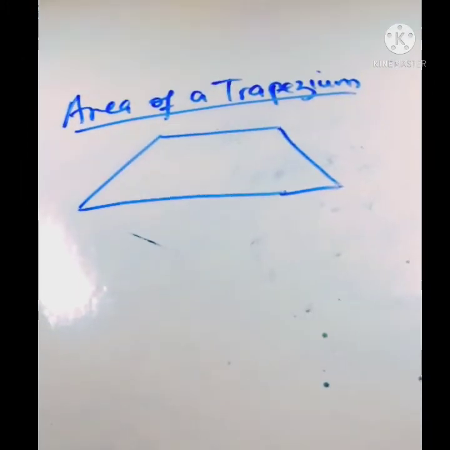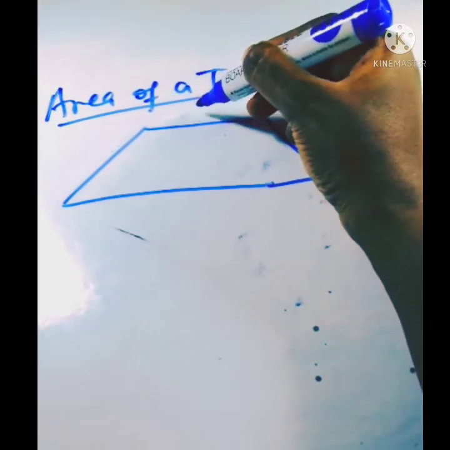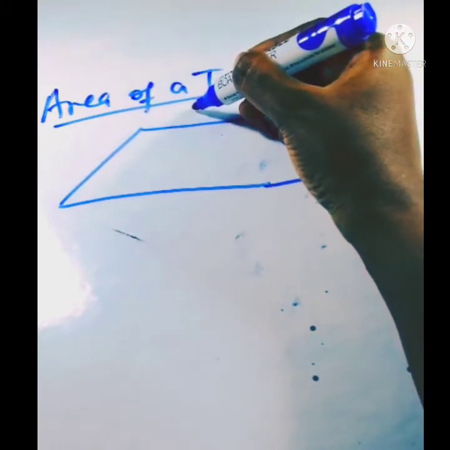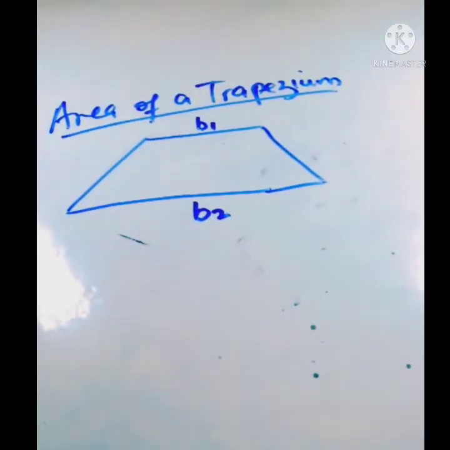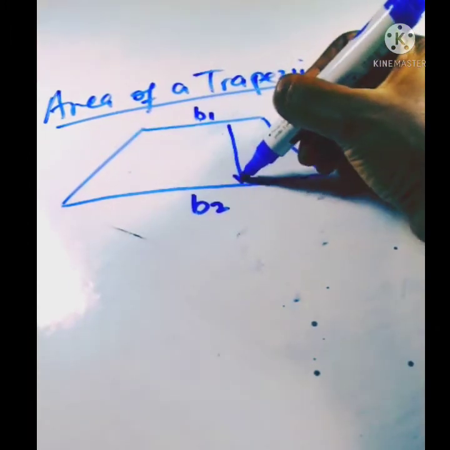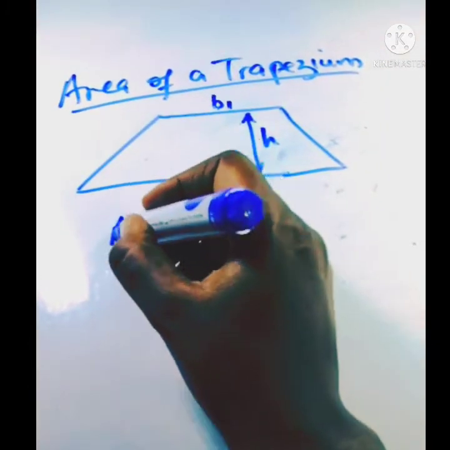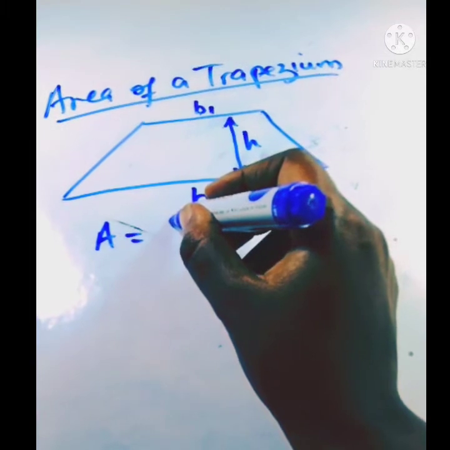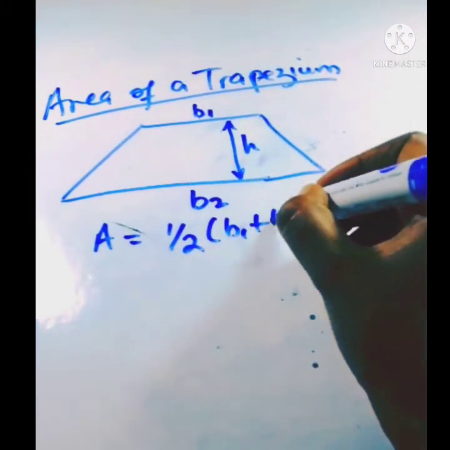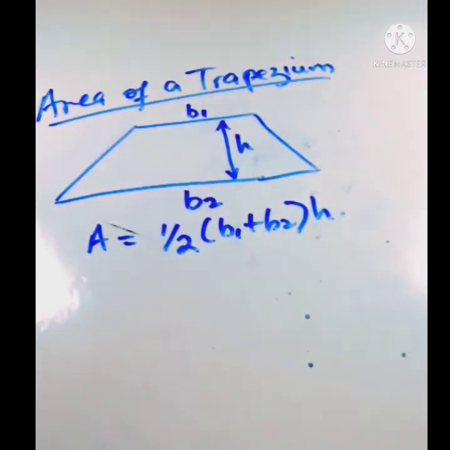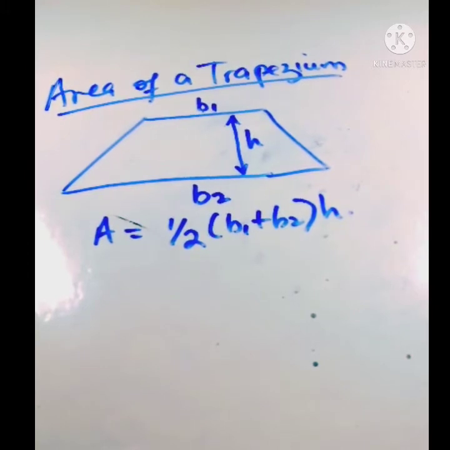And so we have the breadths, B1, B2, and we have a height, right? So the area of a trapezium is half of B1 plus B2 times H. That's the area of a trapezium. Okay?